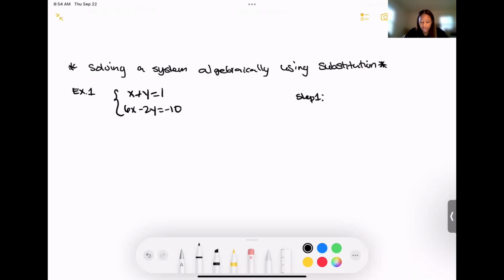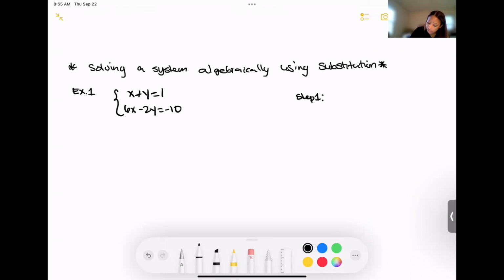But in the first equation, it will be really easy for us to solve for either x or y, because the x and y there have a coefficient of 1. So look for one of your equations where either x or y has a coefficient of 1, and then solve for that variable. For the first one, since both x and y have a coefficient of 1, we can solve for either one.